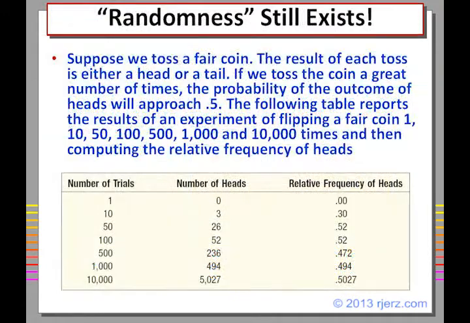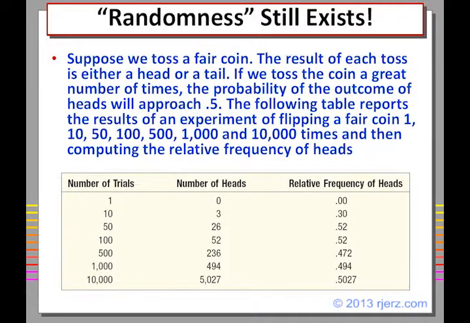By the way, even with classical probability, randomness still exists. Suppose we toss a fair coin. The result of each toss is either a head or a tail. If we toss the coin a great number of times, the probability of the outcome of heads will approach 0.5. The following table reports the result of an experiment of flipping a fair coin 1, 10, 50, 100, 500, 1,000, and 10,000 times, and then computes the relative frequency of heads.